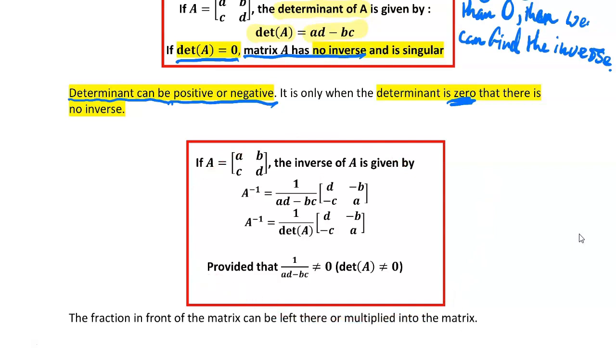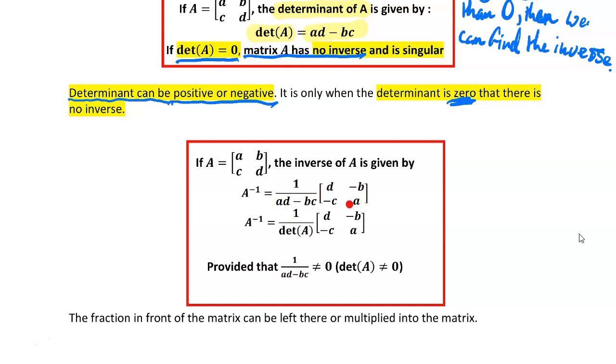Again, we've got our matrix A, with the elements A, B, C, and D. So the inverse of matrix A is equal to 1 over AD minus BC, which was the determinant, 1 over that determinant times by this matrix.